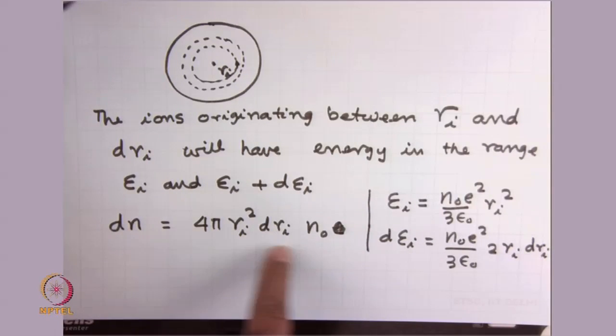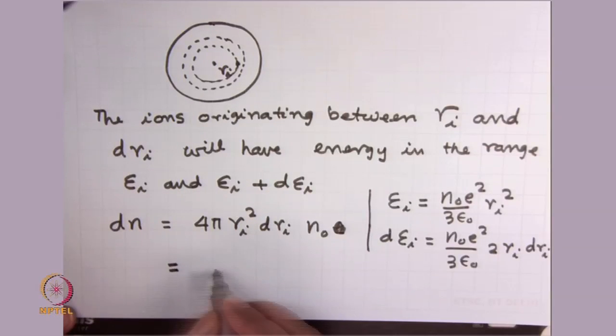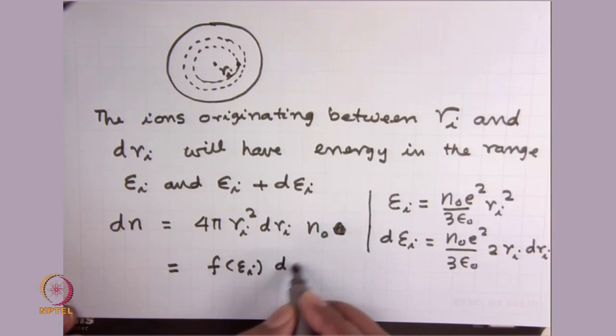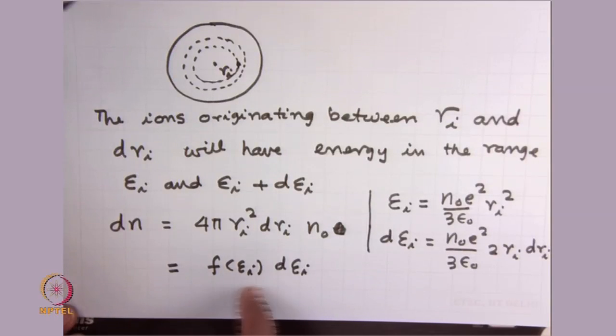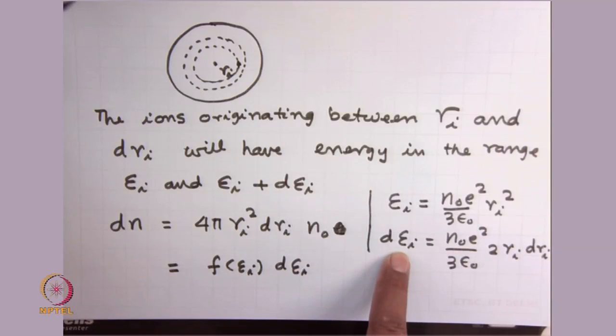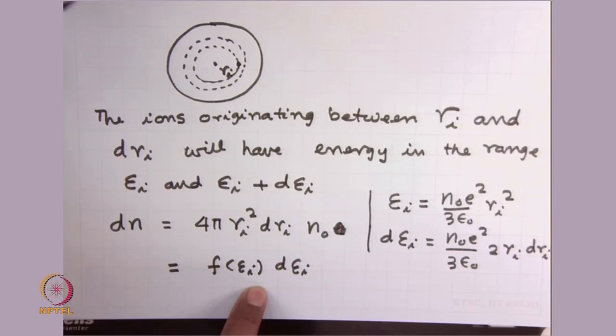You can connect this, and what is interesting is that this turns out to be some function of Ei times dEi. This coefficient, because Ri I can write in terms of Ei and dRi in terms of dEi, I can write down this entire coefficient in terms of Ei.